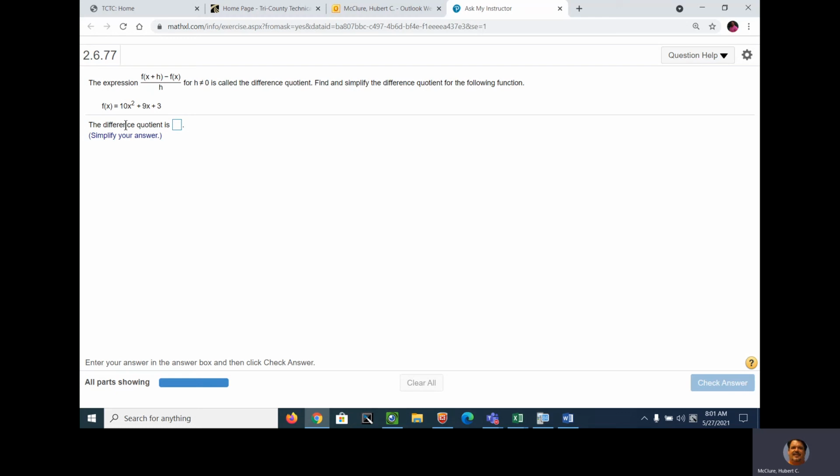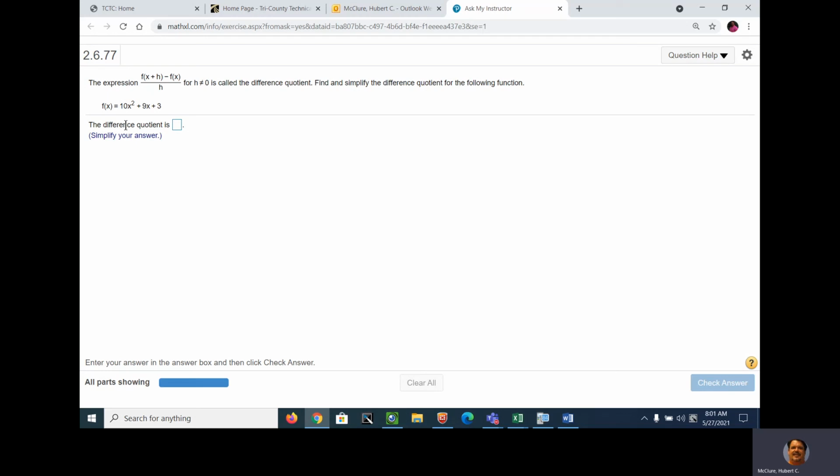M is equal to, and I'm going to write that orange. I got to plug in a big set of parentheses wherever there's an x. So that's going to be 10 parentheses squared plus 9 times parentheses plus 3.